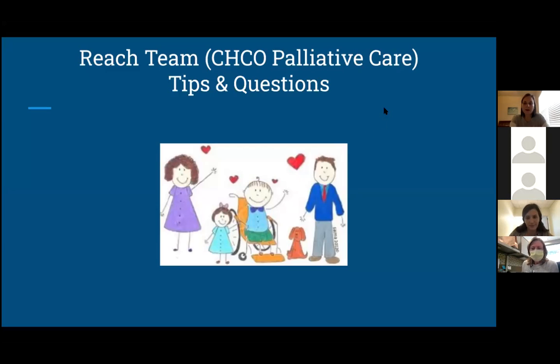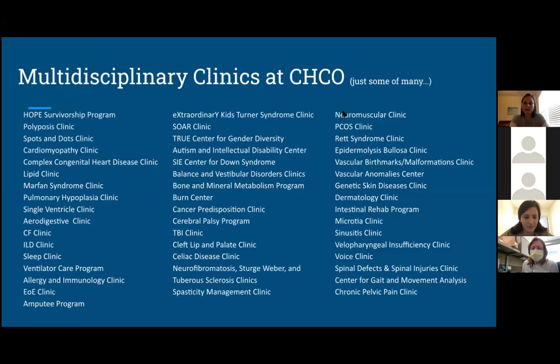Awesome. So we just have a couple of minutes left, but I wanted to share some other resources that may be helpful if you're caring for medically complex young adults. This slide is just a snippet of some of the specialty clinics available at Children's. Some of these may be more helpful for our adult patients than others, but it's helpful to see some of the multidisciplinary clinics that our patients may be transitioning from.